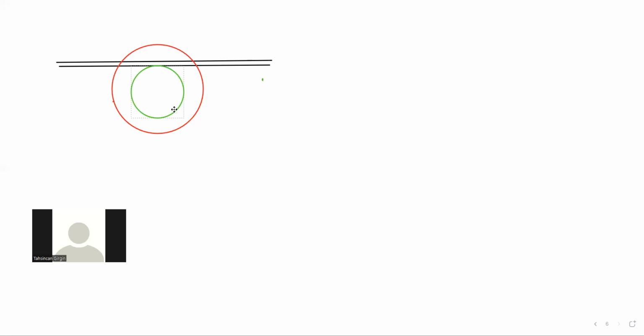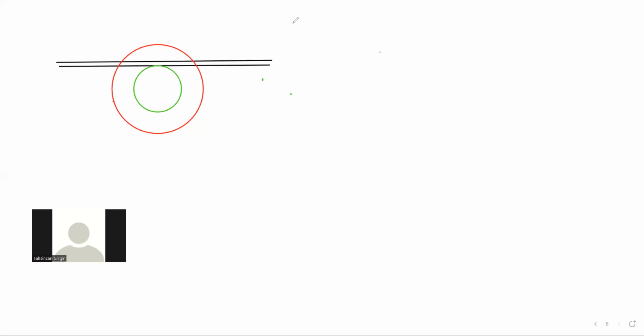It is tangent and I will try to make a circle. I hope I have ended up making one. Yep, this looks to me as a circle. Now the question says that this is more like a rack and pinion configuration.